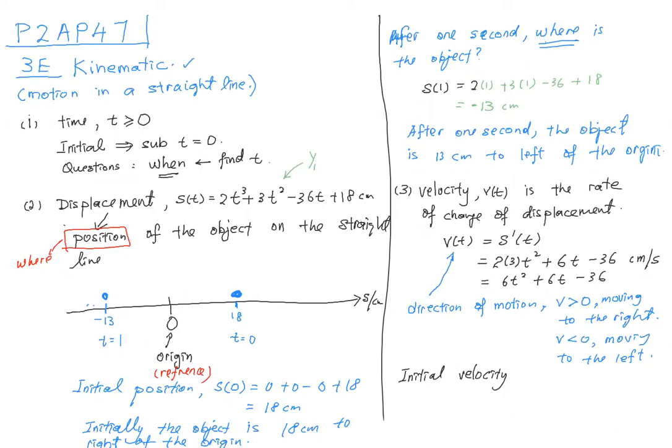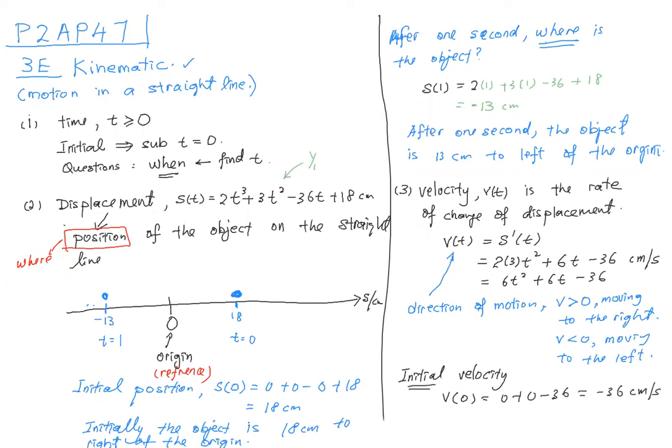If I want to find the initial velocity, what should I do? t equals 0. Yes, I substitute t equal to 0 into the velocity function. See that? Because of the word initial. So I get 0 plus 0 minus 36. So I get negative 36 cm per second.